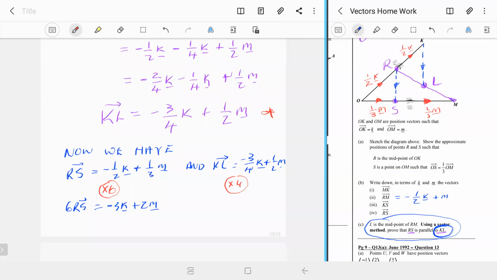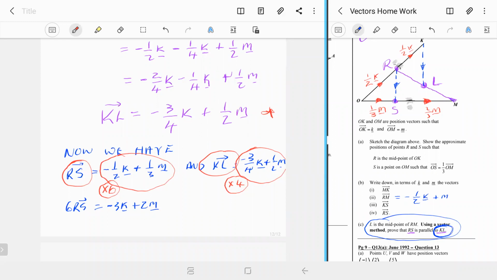All fractions gone. It's very difficult with a half and a third and three quarters and a half to know the relationship between these two. That is why we have to get rid of the fractions first. You understand why?